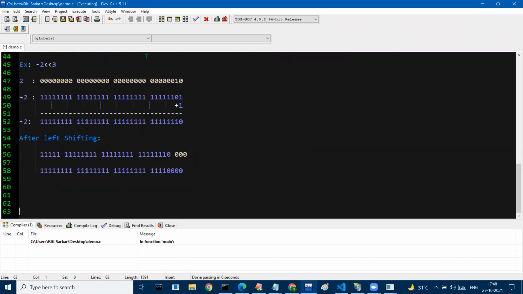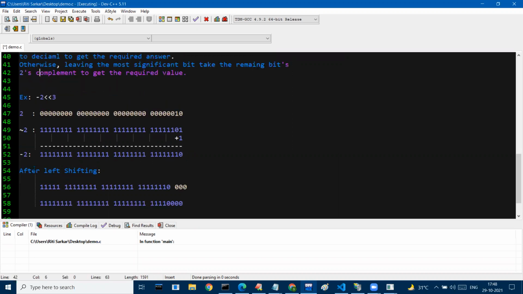Now you see here, this is the most significant bit, which is 1. What are they asking? Leave that bit and take the remaining bits.